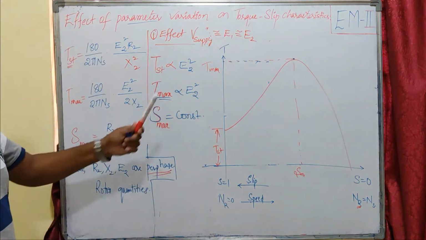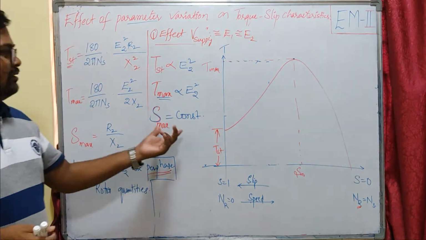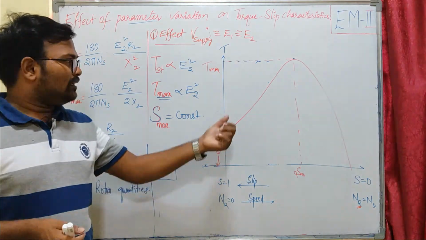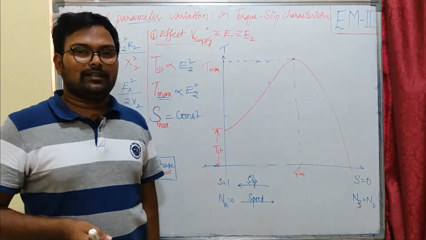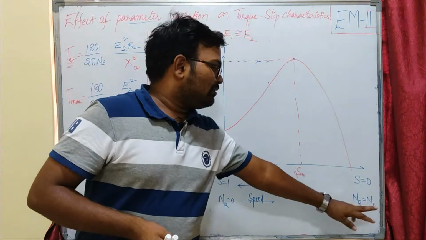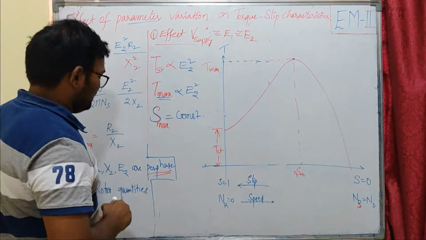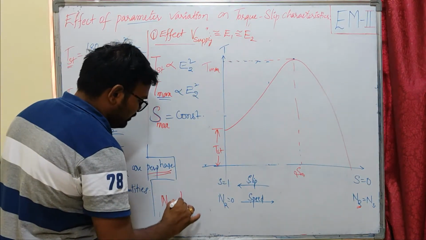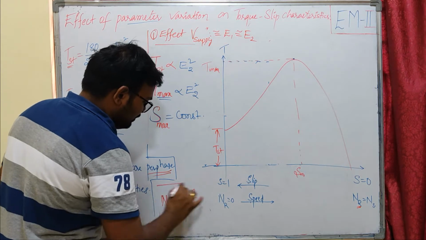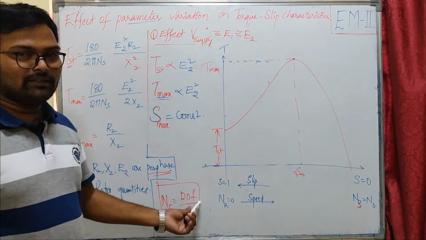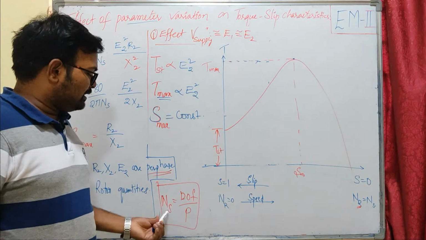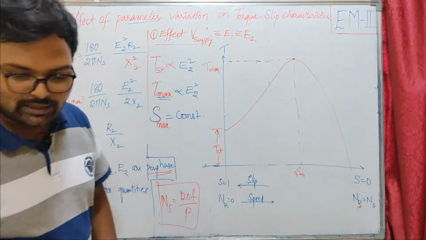Okay, these are the three important parameters to draw the torque slip characteristics: starting torque, maximum torque and slip at maximum torque condition. Our synchronous speed is constant for a given frequency, right? Our synchronous speed Ns equals 120 f by p, which is constant until and unless we change the frequency. If only the frequency is changed, then only our synchronous speed will change.